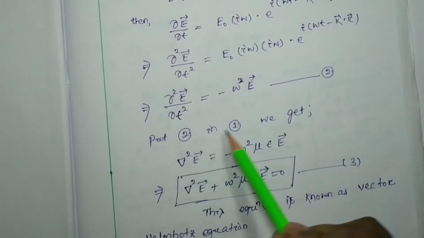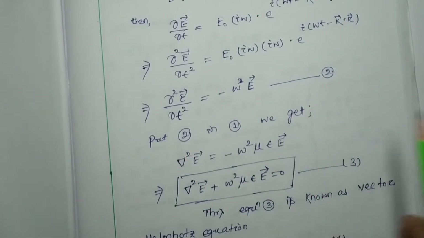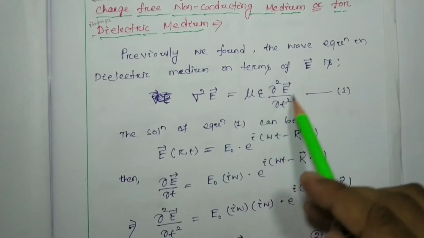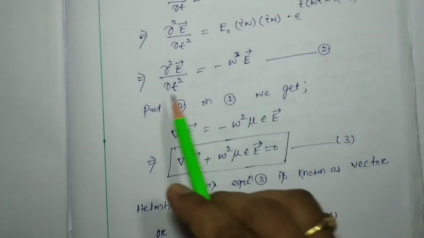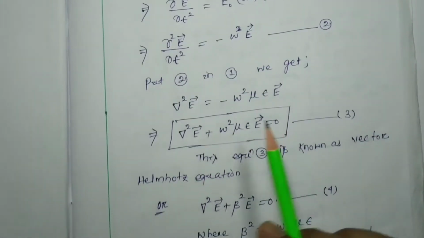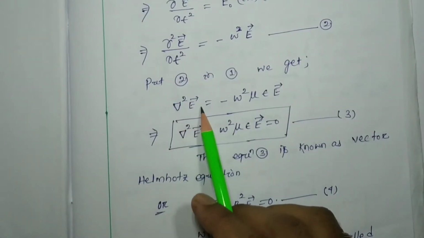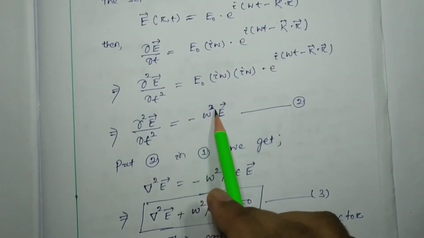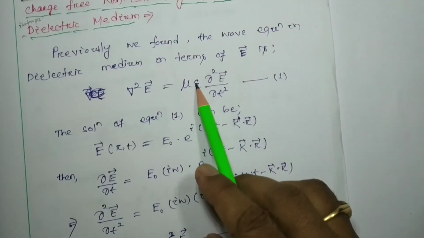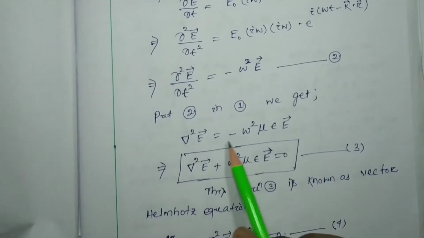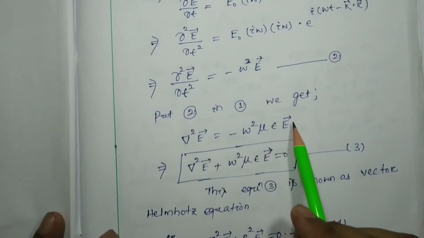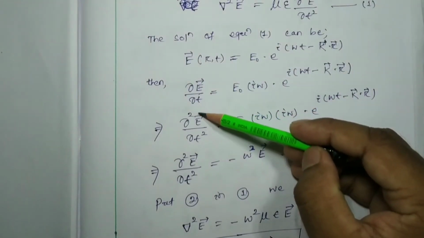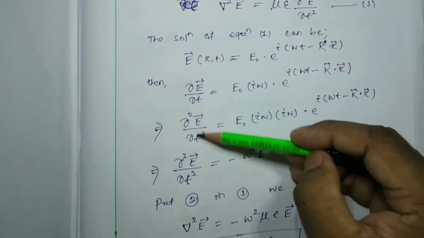Now put 2 in equation number 1. What are we going to get? Here we put del square E by del t square as minus omega square E. So del square E is equal to minus omega square mu epsilon E. See here E is a function of r and t.